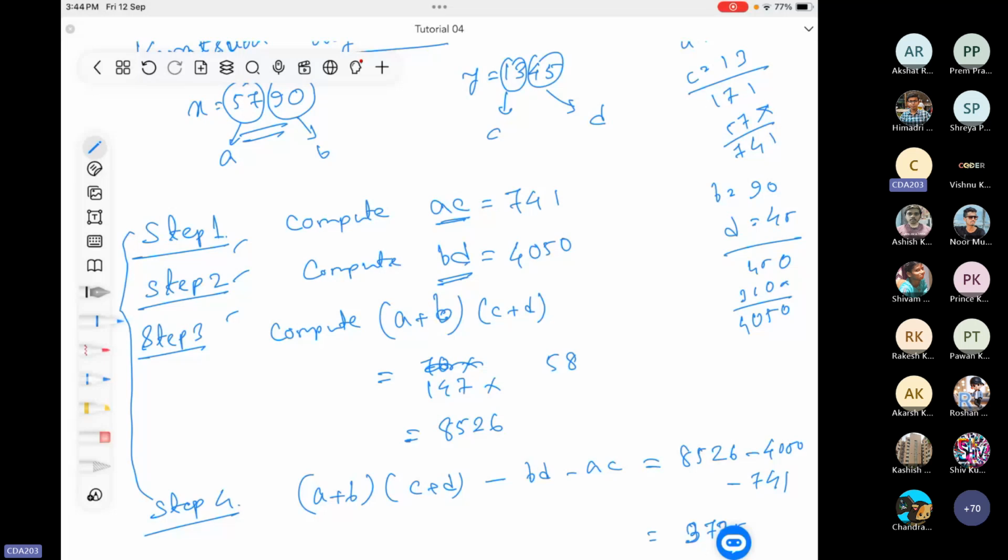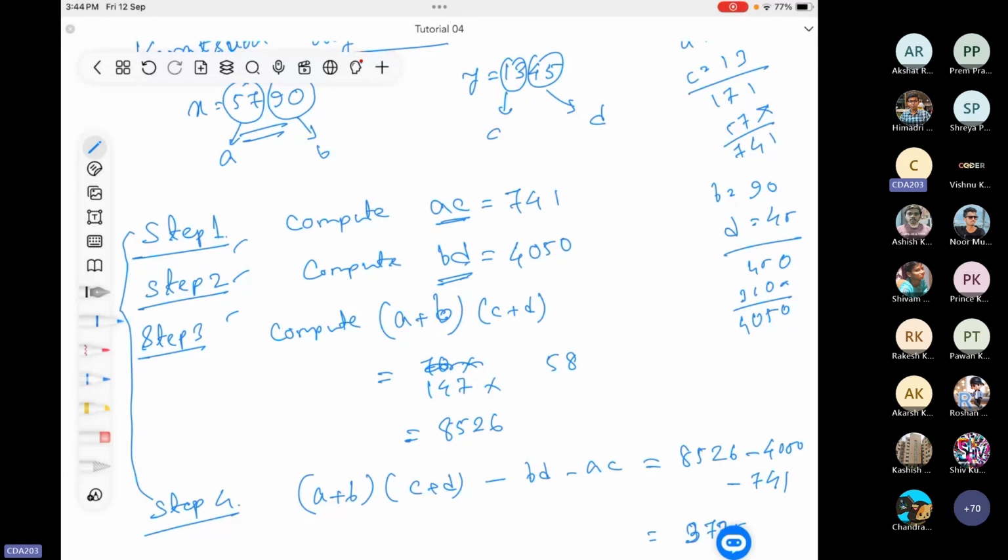So for that we again have to compute some other AC. Basically we keep on recursively applying this same technique until we get the multiplication of AC to be two single-digit numbers, and from there we can compute the whole solution, right?